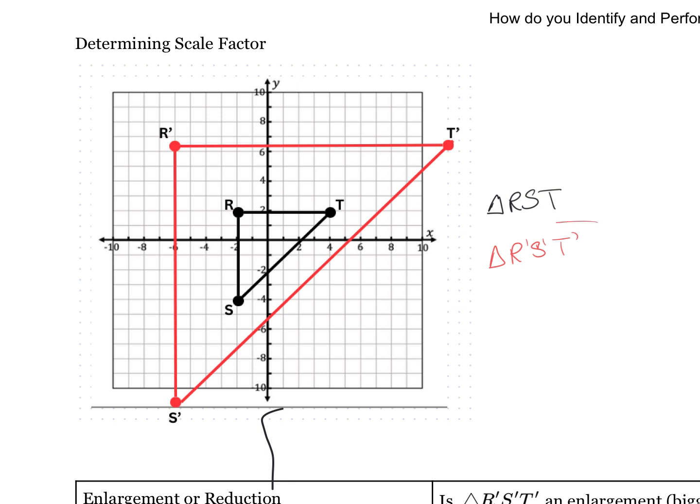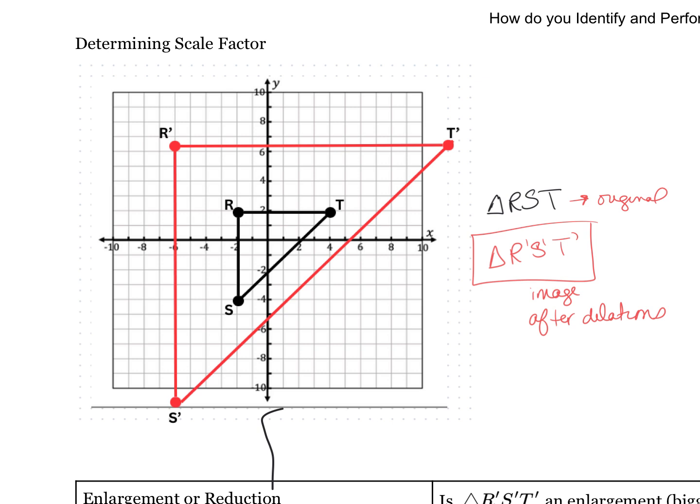Okay, remember, the prime triangle is the image, or the figure after the dilation or after the transformation. The ones without the prime, or the apostrophe, are always our original figure.